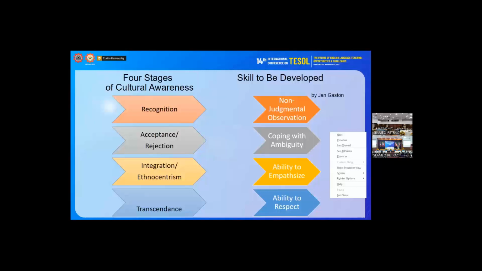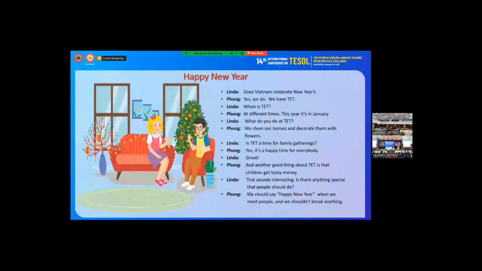I took a page from the 3rd grade textbook. This comes from the 3rd grade textbook. Okay? And it shows a blending to teach culture.